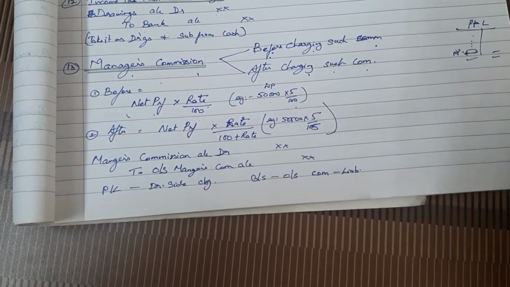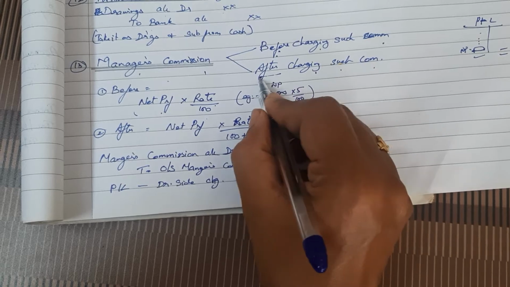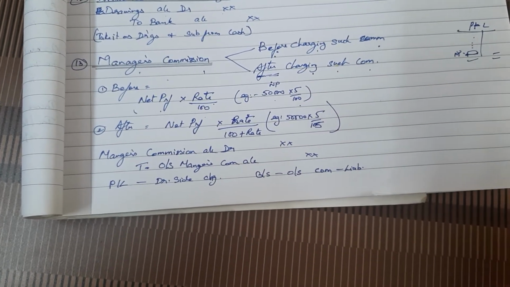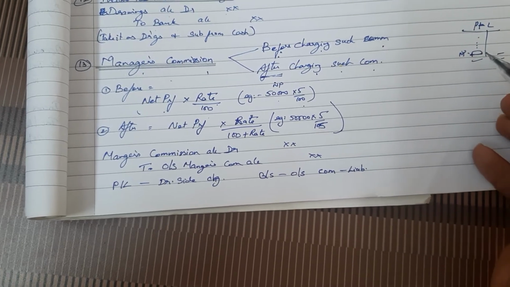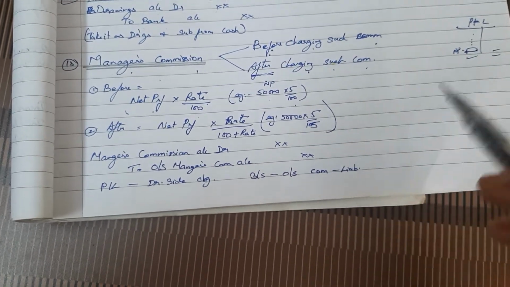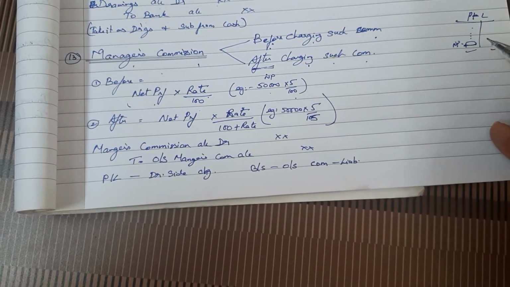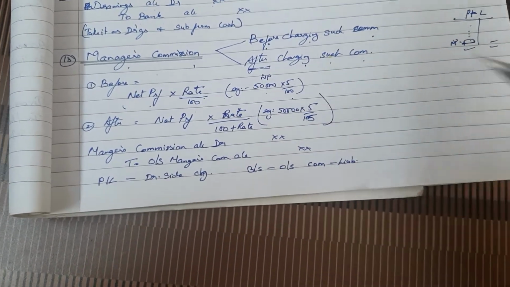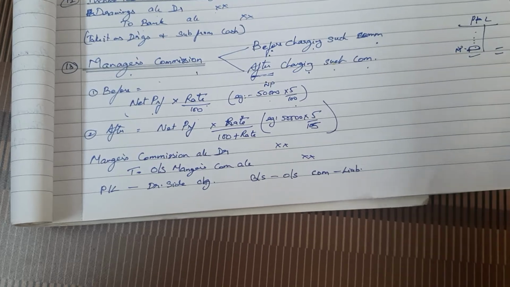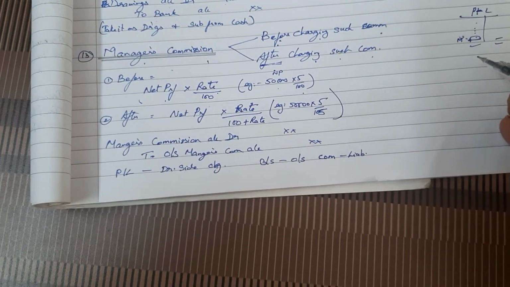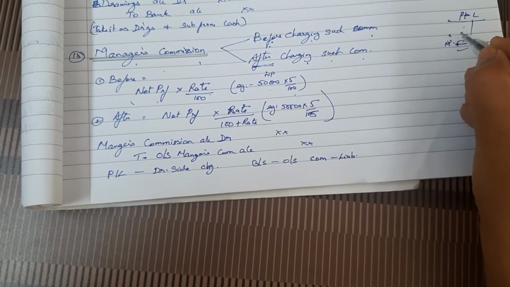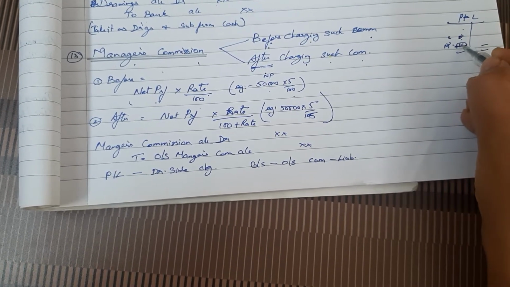But if they give you the words 'after charging such commission', then what it implies is that the manager's commission has to be deducted before arriving at net profit. If it is 5%, then 5% directly applied would give us the answer. But after charging such commission at 5%, it will be 5 rupees is the commission amount. Then the net profit will be 100 rupees.